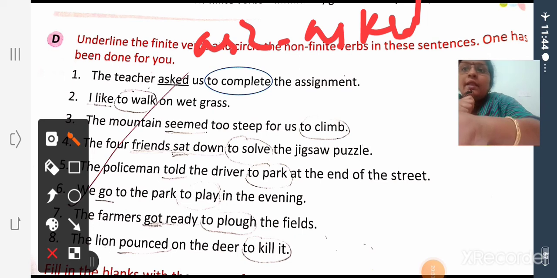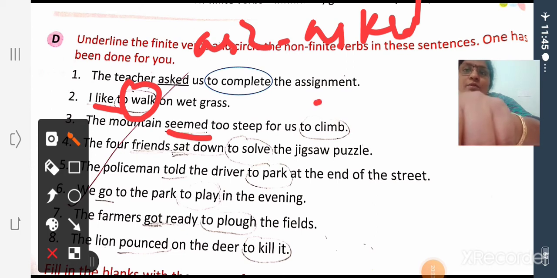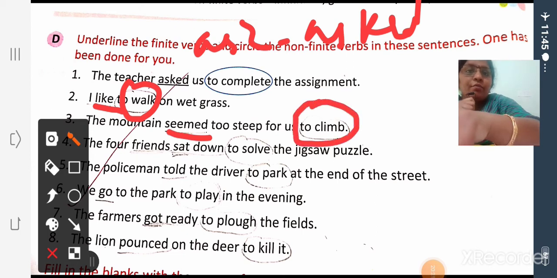Then, I like to walk on wet grass. Everything that comes with to is an infinitive, just note that. I like is finite, to walk is non-finite. Circle to walk. The mountain seemed finite. To climb is non-finite.